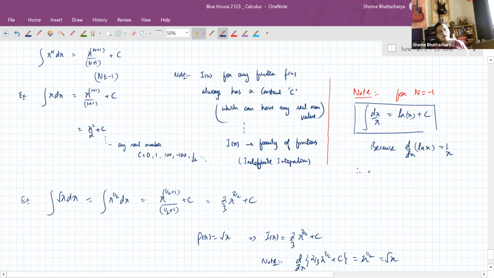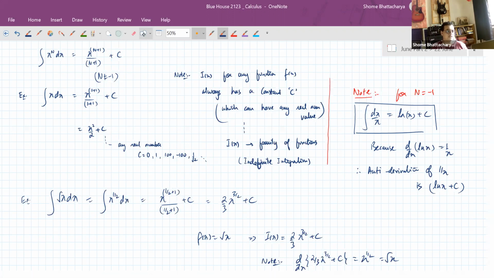Therefore the antiderivative of 1 by x is ln x plus c. So this is like the exception to this formula. This is a general formula, but with the exception that n should not be minus 1. And when n is minus 1, you should remember this special case or this exception.